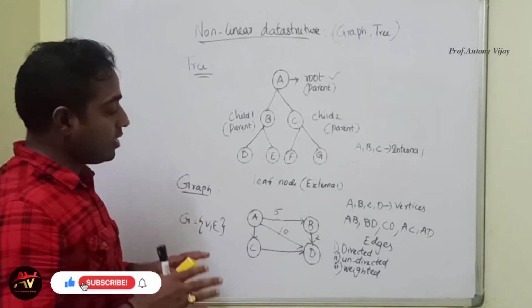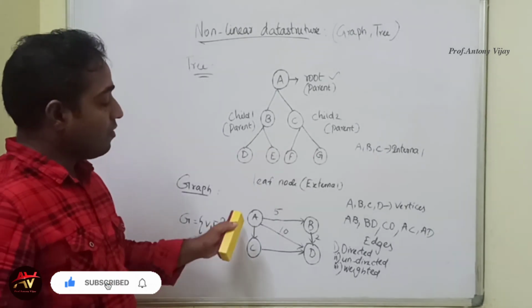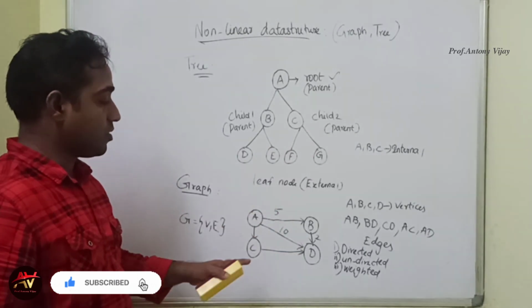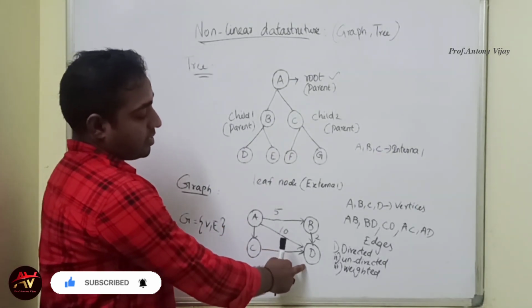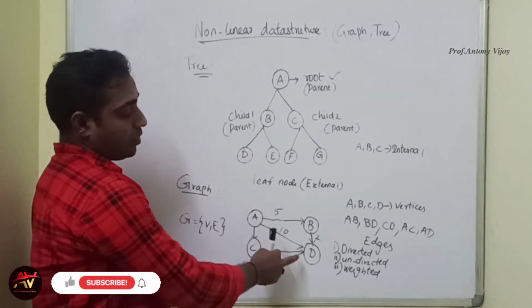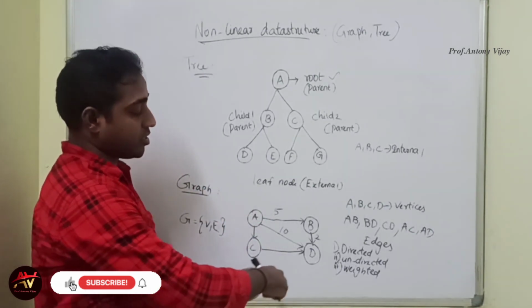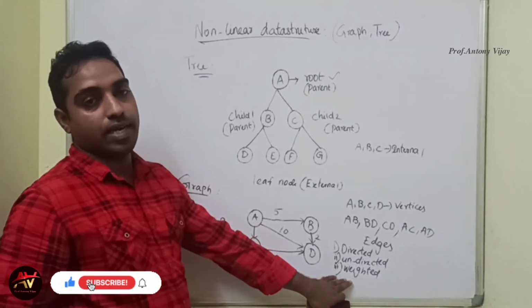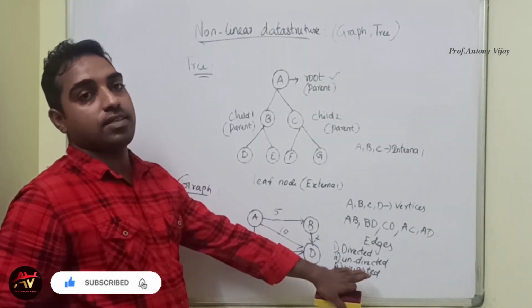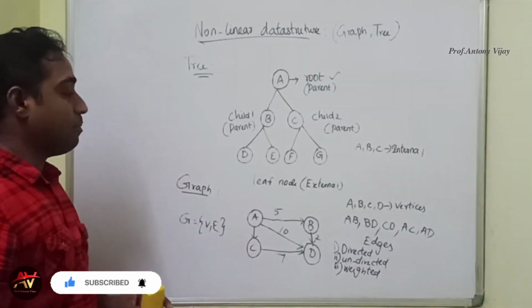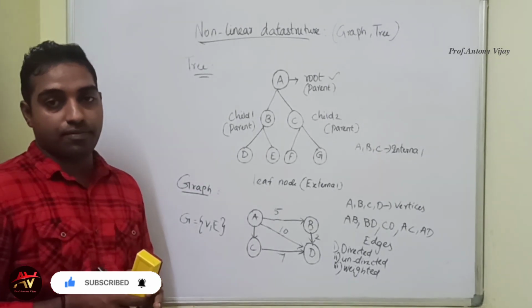This weighted graph is mainly for finding the shortest distance. For example, if A is a source node and D is a destination node, in order to travel from A to D, we need to find the shortest path in the weighted graph. So this weighted graph is mainly used for the traveling salesman problem. This is the meaning of weighted graph.